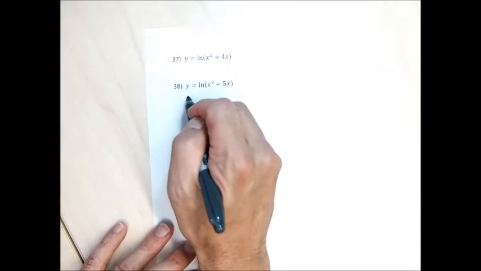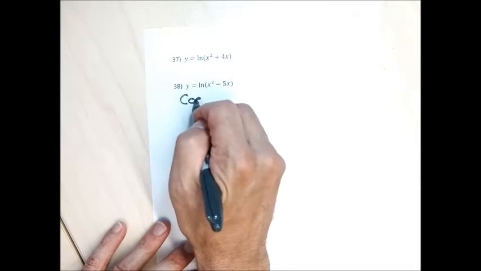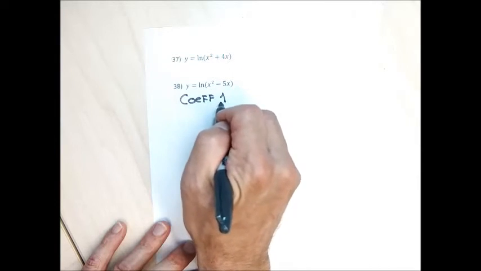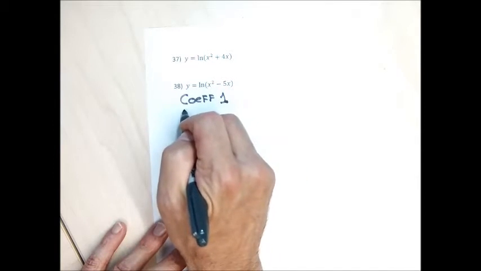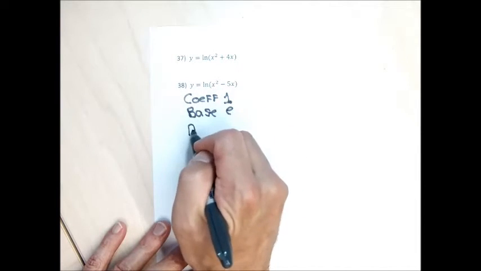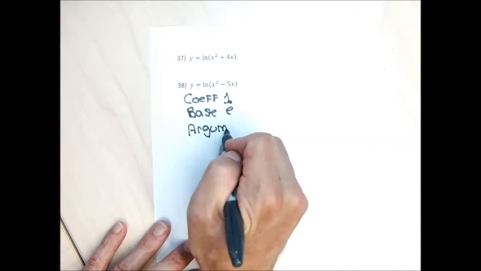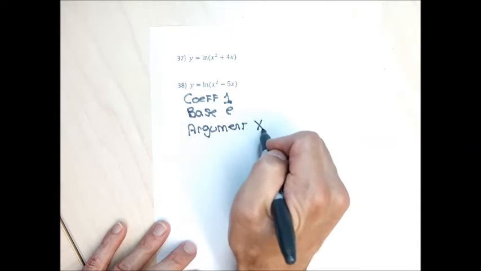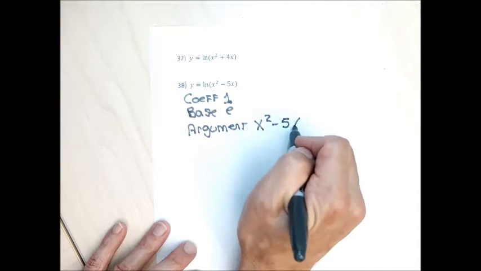All right, so for 38, there's no number to the left of the logarithm, so the coefficient is 1. It's an ln, so the base is e. The argument is x squared minus 5x.